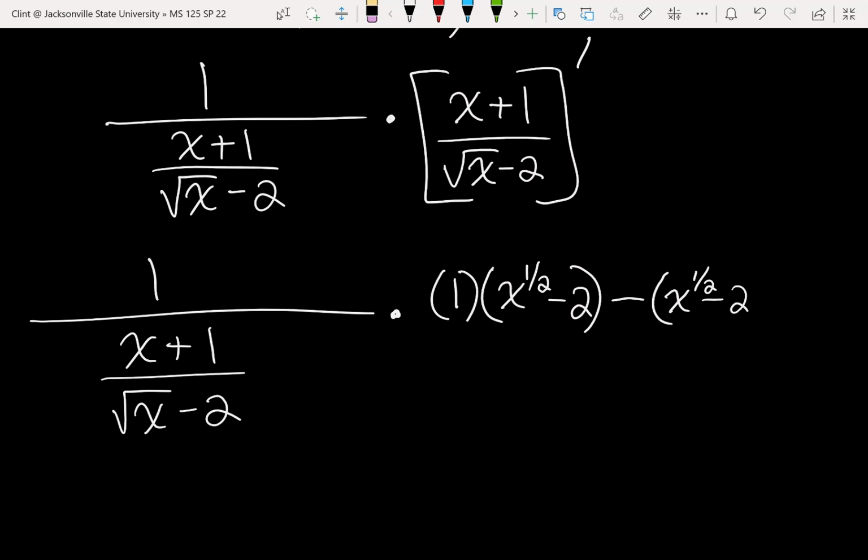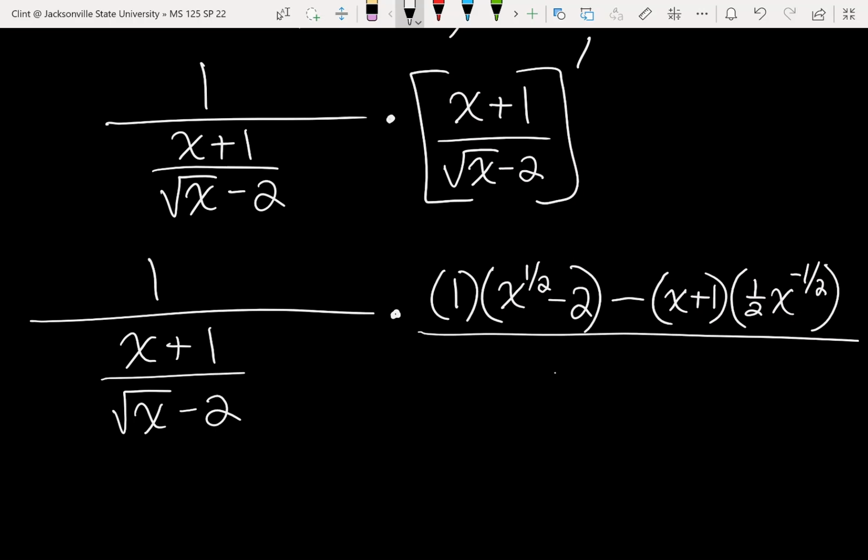Minus the top, sorry, I got out of order, times the derivative of the bottom, so that's 1/2 x to the negative 1/2, over the bottom squared.